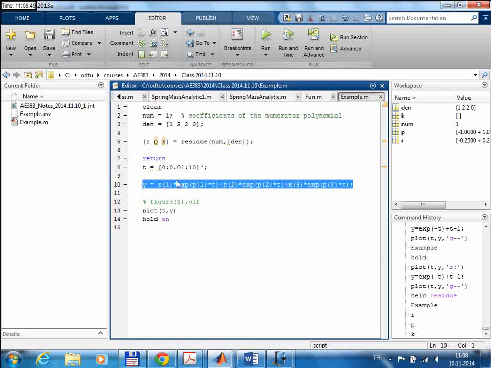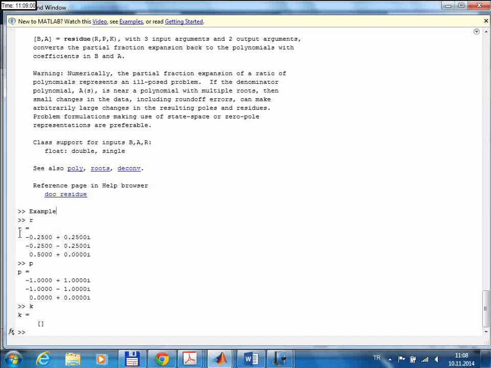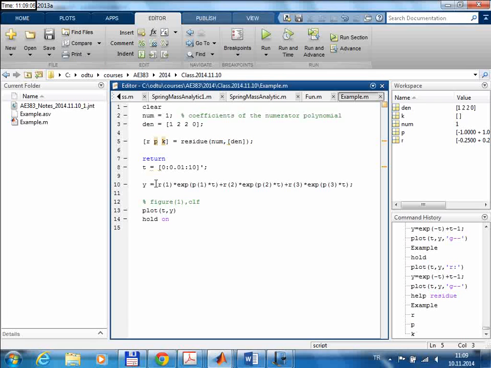So as I said to you, the Matlab gives me the result as real terms. So even though these are complex numbers, as you saw here, the R includes these imaginary parts, and similarly the P involves imaginary parts. But I can type this directly in Matlab without worrying about these simplifications.